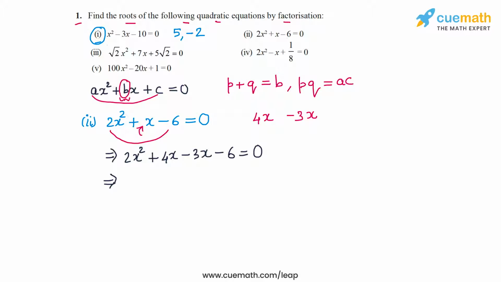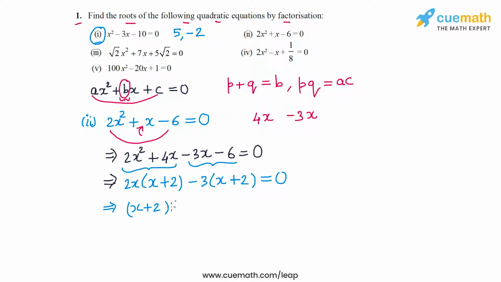Now we can factorize this equation. From the first pair of terms, we can take out a common factor of 2x, and that leaves us with x plus 2. And from the second pair of terms, we can take out a common factor of minus 3, and that leaves us with x plus 2 once again. Now we can take out x plus 2, and that leaves us with 2x minus 3.